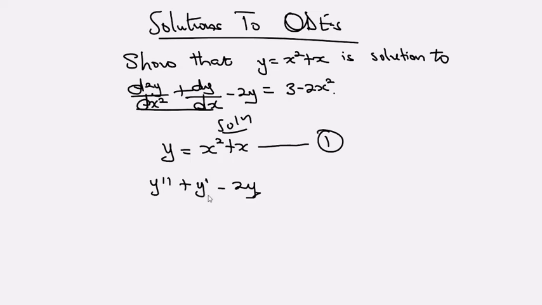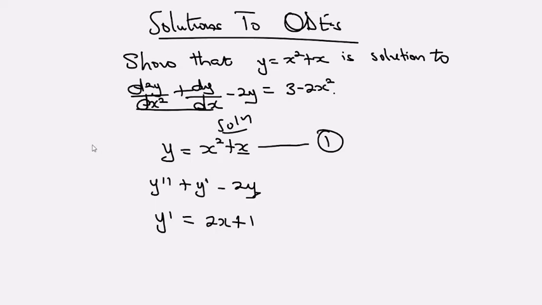And y prime is the first derivative of y, meaning when we differentiate y for the first time, that is y prime. So therefore, let's find our y prime. So our y prime equals, now we differentiate this, we are going to get 2x. Then we differentiate our x, we are going to have 1. So this is the result for differentiating the equation for the first time.